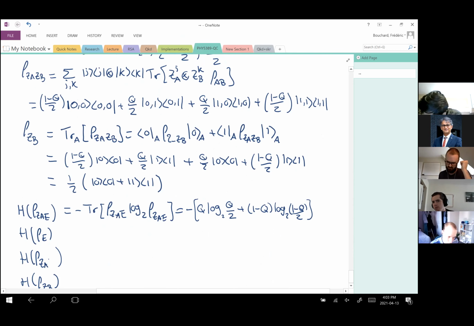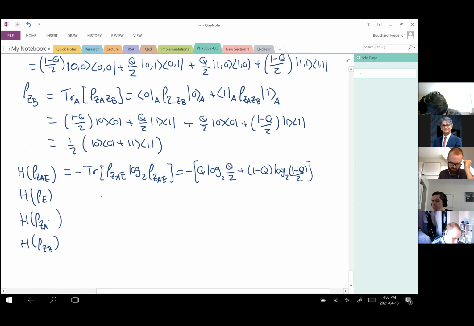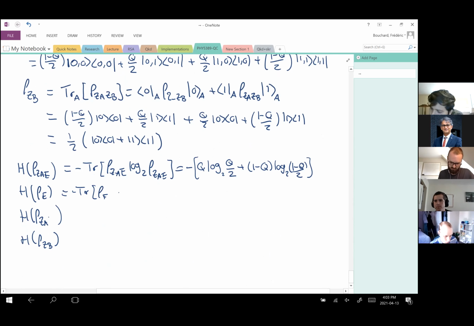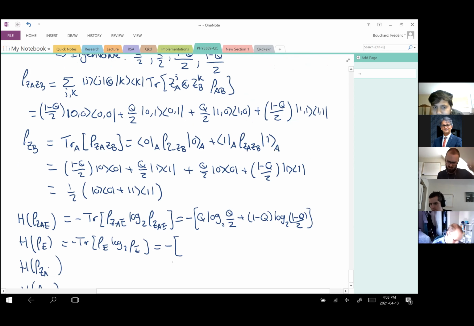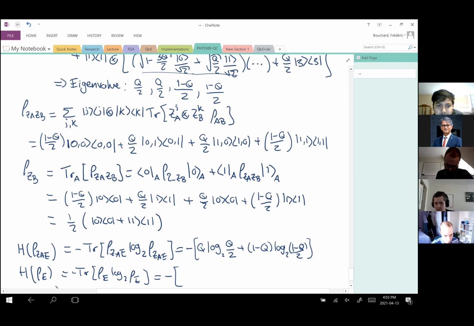Good. So for row E now. Okay, row E, we have it here. So the eigenvalues, so there's 1 minus 3Q over 2.